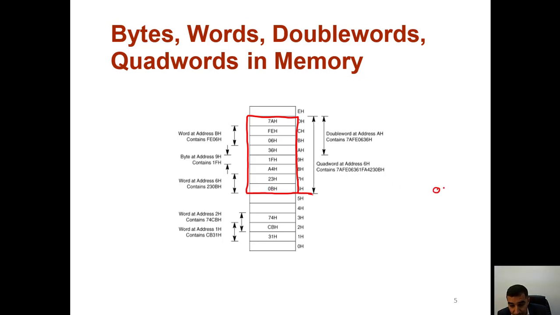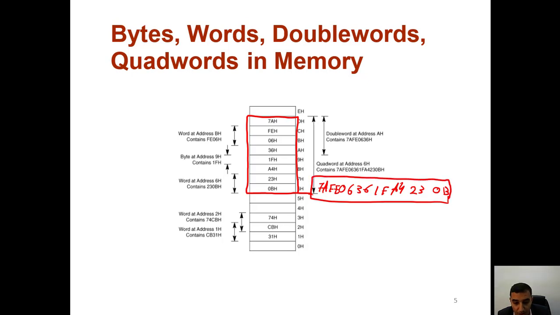So 0B, 23, A4, 1F, 36, 06 FE, 7A. This is my information which is stored in a quad word. If it's a double word, then I will go to 36 and start at AH, 06 FEAH, which is this number.